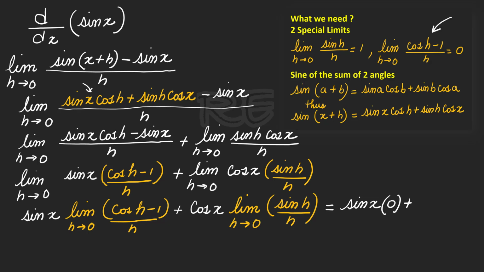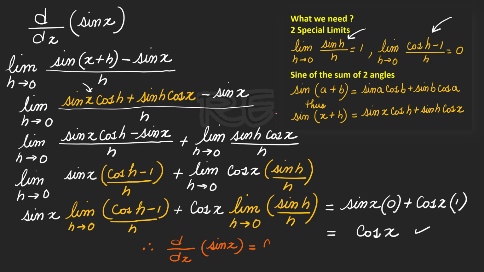So sine x times 0 plus cosine x, and the limit of sine h over h as h approaches 0 is 1. Therefore, our final answer is cosine x. In conclusion, the derivative of sine x is equal to cosine x.